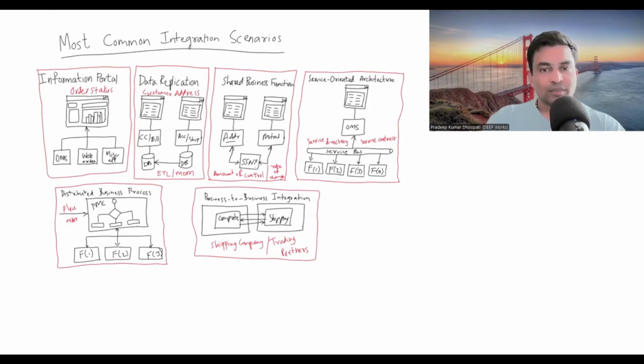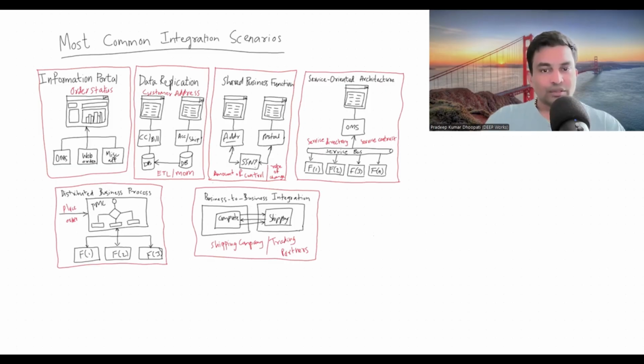For the customer care representative to check this order status, he may have to access different applications like order management system, or the web order application where it takes the online orders, and some other miscellaneous applications like shipping management systems or inventory management systems.